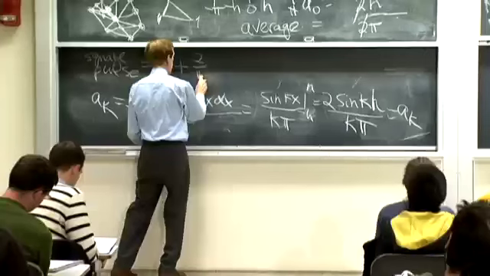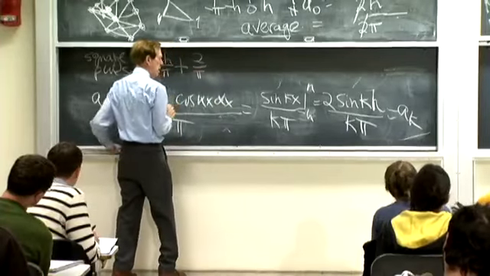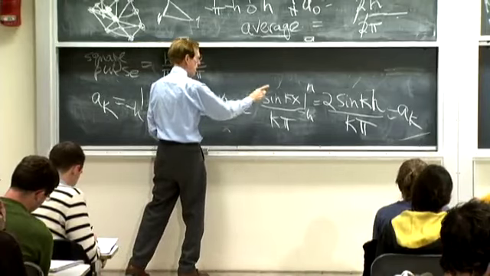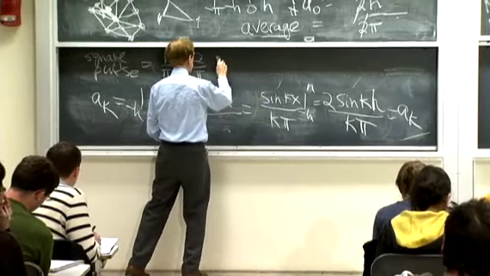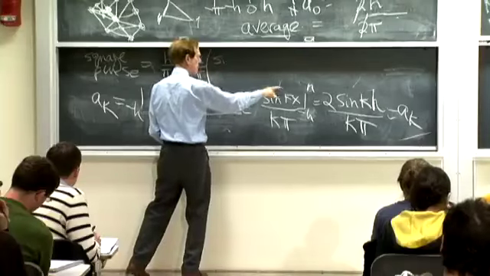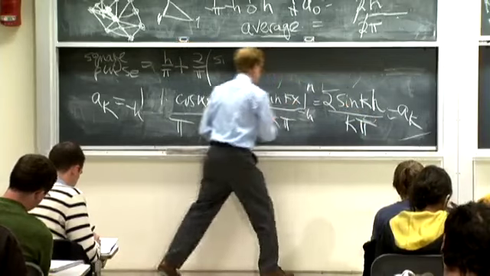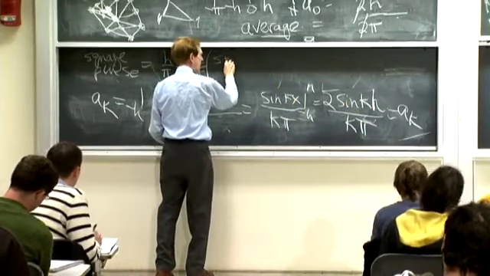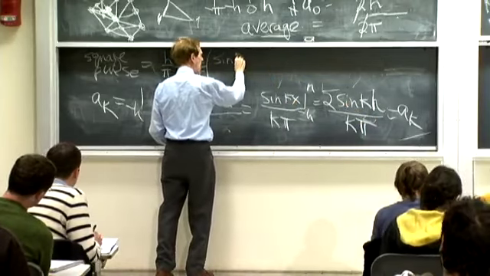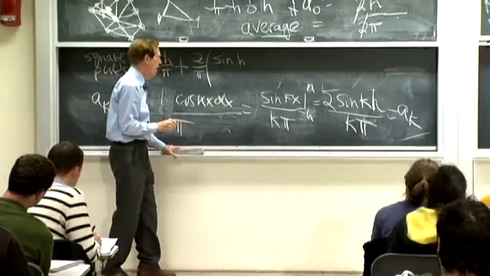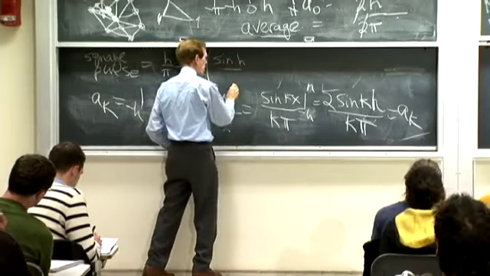So I've got 2 over pi sine h over 1, and now I'm just copying this.